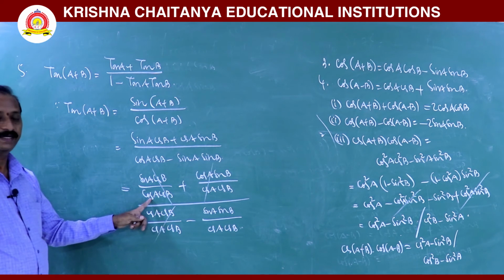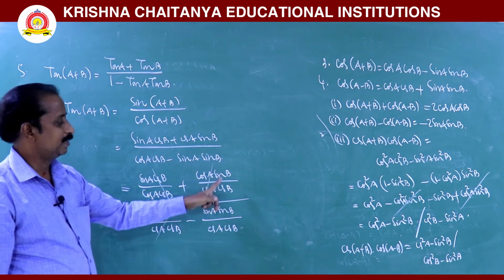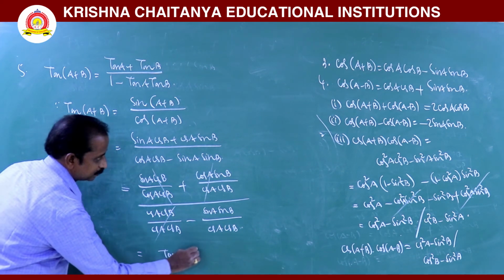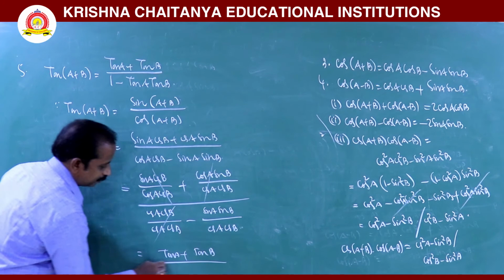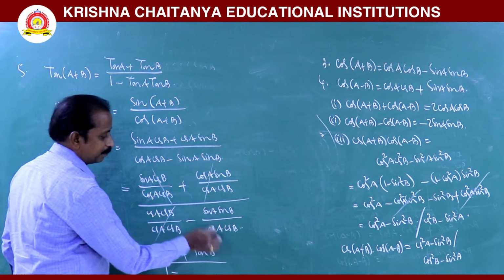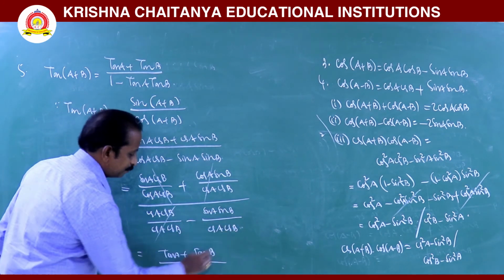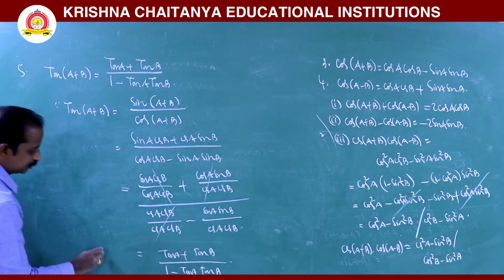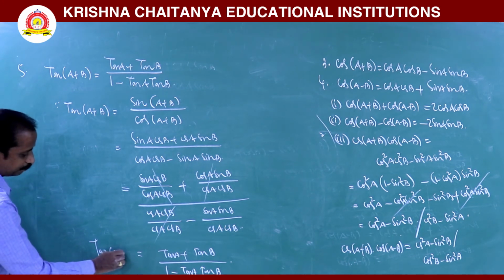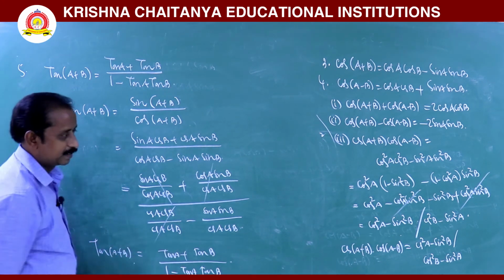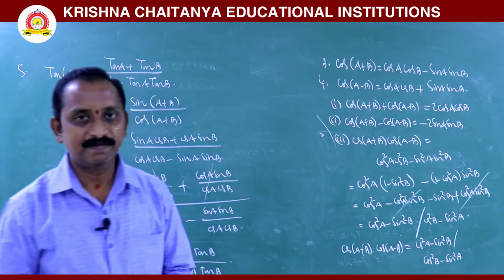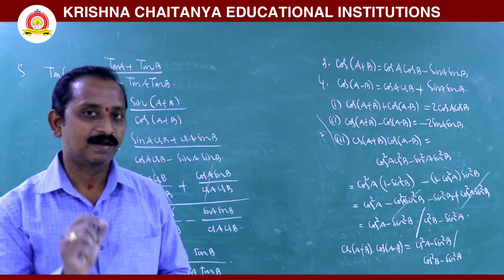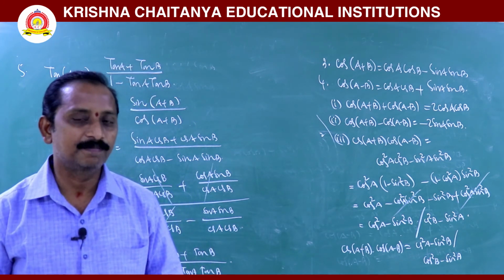Sin A by cos A, tan A plus sin B by cos B, tan B. So, tan A plus tan B by 1 minus sin A by cos A, tan A, sin B by cos B, tan B. So, this is tan A into tan B. So, this is the basic of tan of A plus B. Keep in mind tan A plus B is tan A plus tan B divided by 1 minus tan A tan B, where A, B and A plus B are none of them an odd multiple of pi by 2.